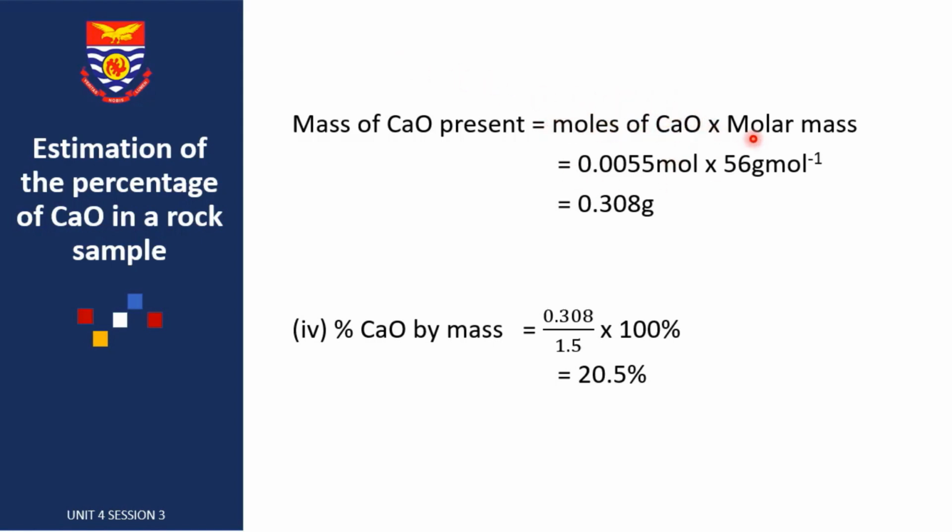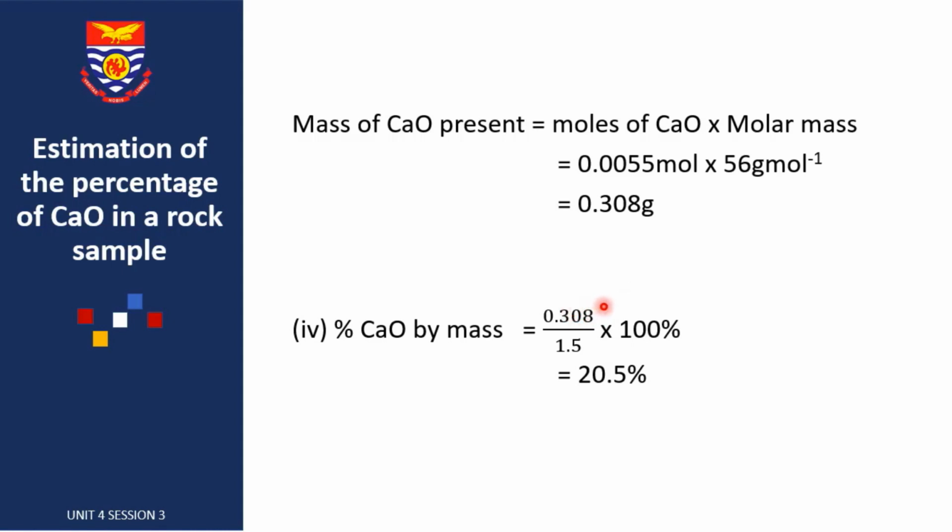Now we are to find the percentage mass. We know that a total of 1.5 grams was weighed in the question. So for that 1.5 grams that was weighed, 0.308 of it was calcium oxide. If we want to find the percentage mass, we just have to divide the mass of the calcium oxide present by the total mass that was weighed and multiply by 100.